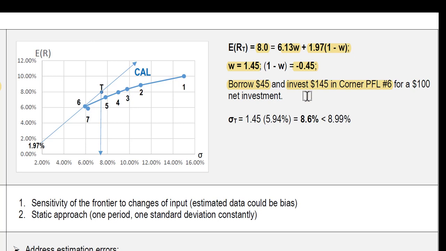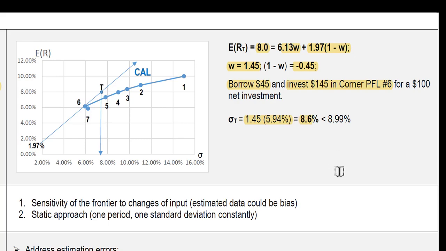And guess what? What is the standard deviation of this approach? Remember, because the risk-free rate has no standard deviation, 0, the standard deviation for this portfolio is 1.45 times the weight of corner portfolio number 6's standard deviation, 5.94. It gave me 8.6.